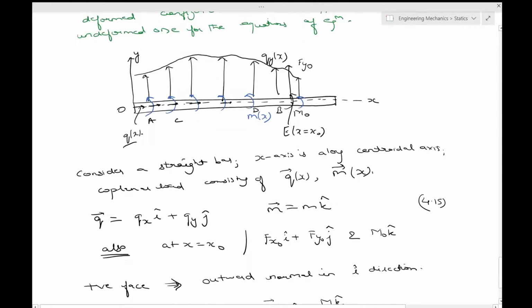So if you take this AB element, okay, between A and B, there are no external discrete forces or moments acting. Okay, and then we will separately write out the part CD. So let C be equal to x equal to x1 and D be equal to x equal to x2.